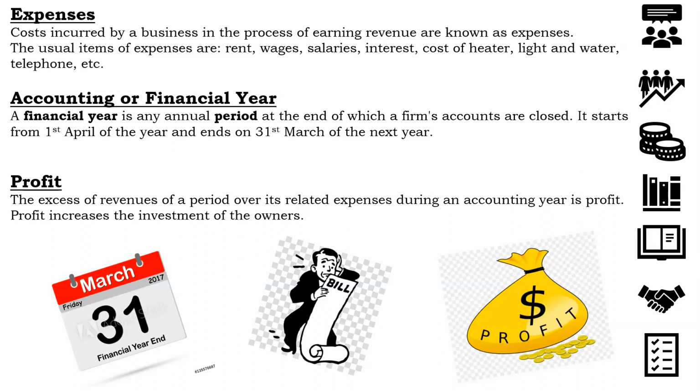We'll study about loss as well, but right now, the excess of revenues over its related expenses during an accounting year is profit. Profit increases the investment of owners. So the excess of revenues over its expense or cost in any accounting year is for the whole business, but what I have told you is for a particular transaction, that is known as a profit.